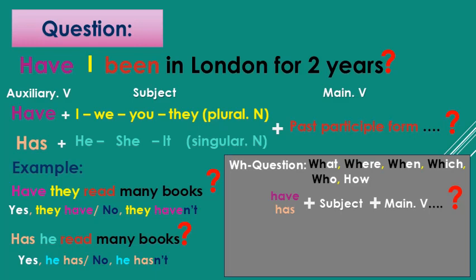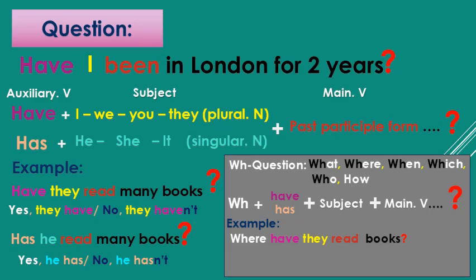Just we add at the beginning, إذا نضيف فقط بالبداية, a WH question word. فقط نضيف a WH question. For example, where have they read books?